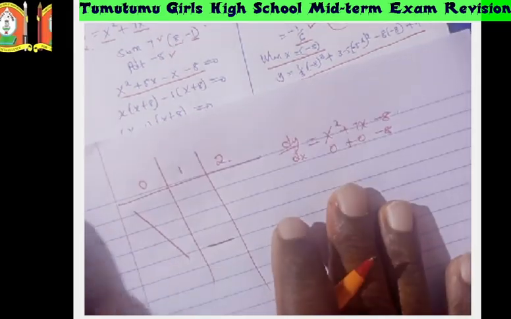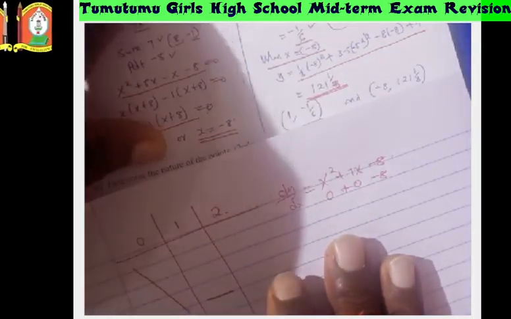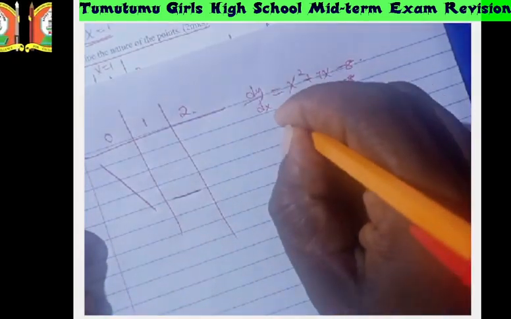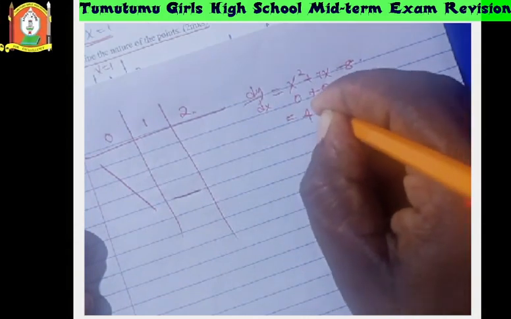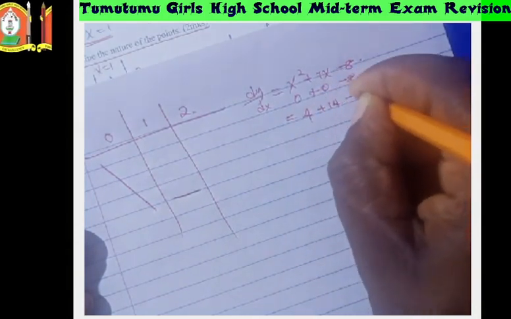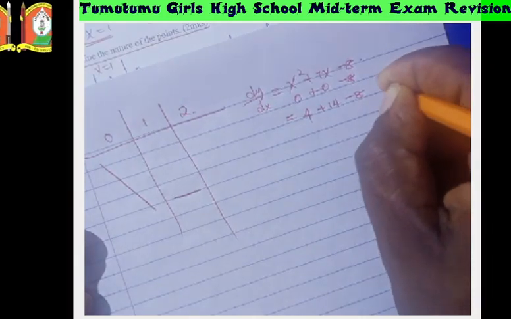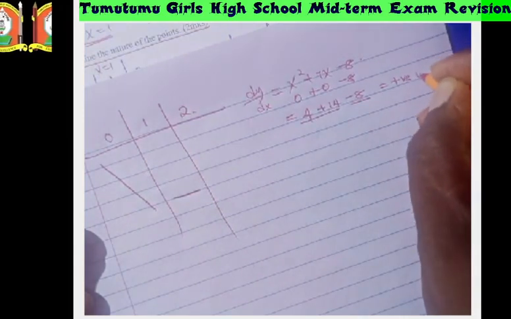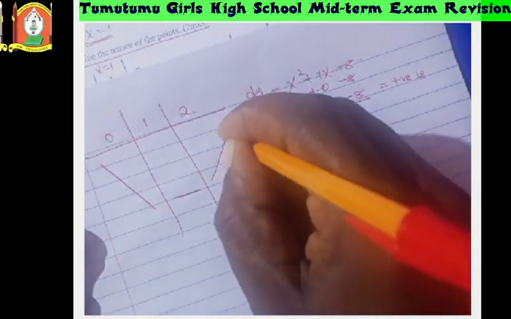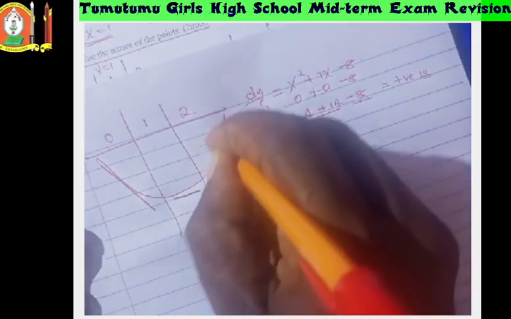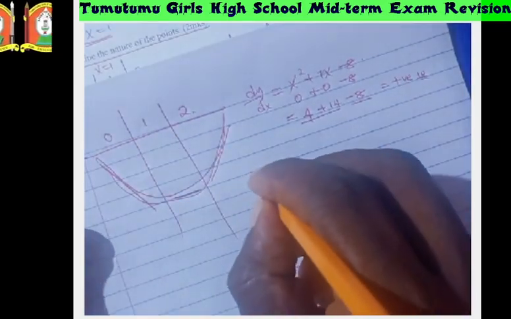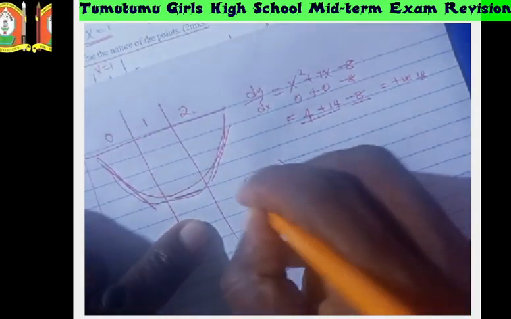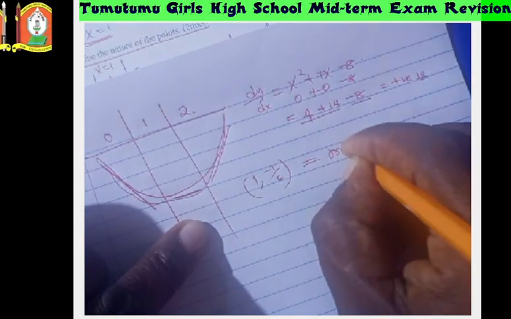At the stationary point the gradient is 0, and substituting 2, we get 4 plus 14 minus 8. The answer is positive: 18 minus 8 is positive 10. So it goes this way, and this point conforms to a minimum. So we have the point (1, negative 1/6) as a minimum.